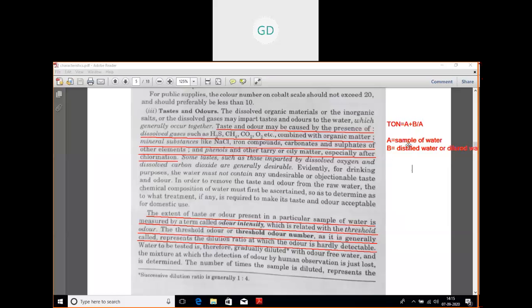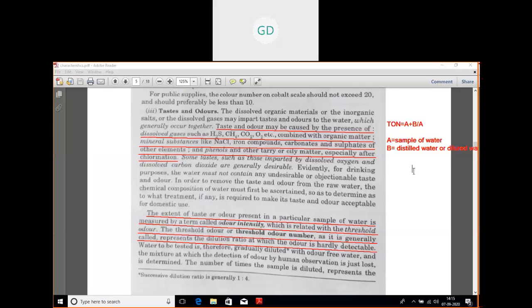You take a sample of water that is very smelly, in a beaker, and then you pour distilled water into it. Distilled water means water that is very pure and has no smelly taste.